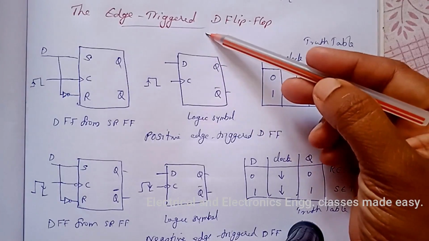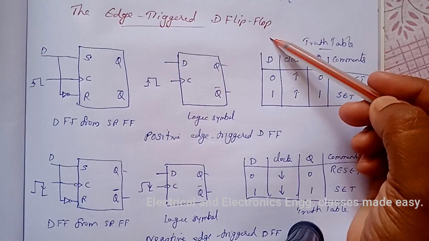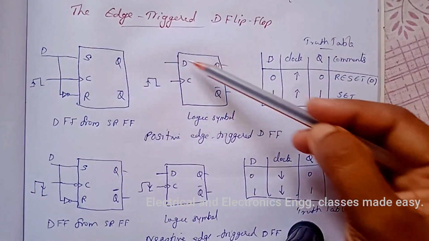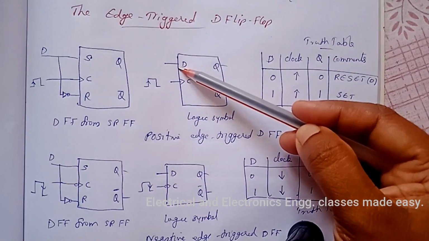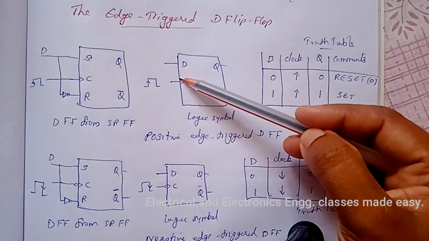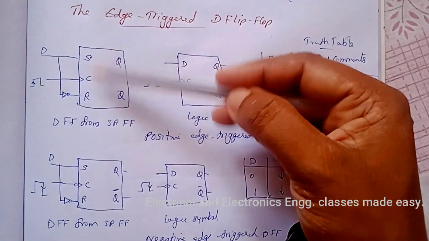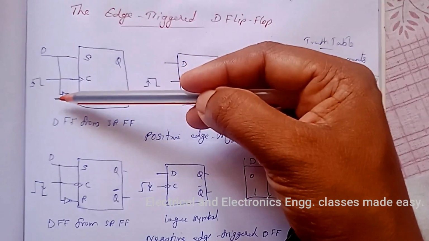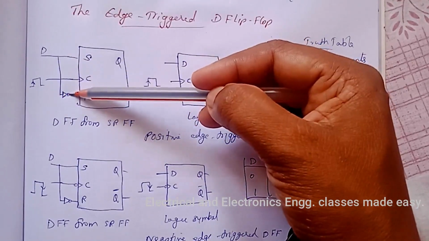Next is the edge triggered D flip-flop. The edge triggered D flip-flop has only one input terminal, and the D flip-flop may be obtained from an SR flip-flop by just putting one inverter between the S and R terminals.